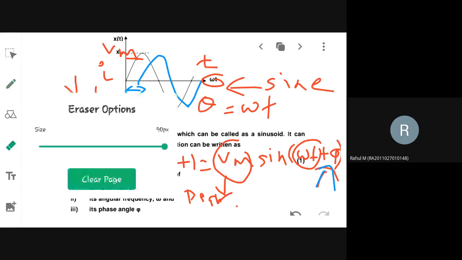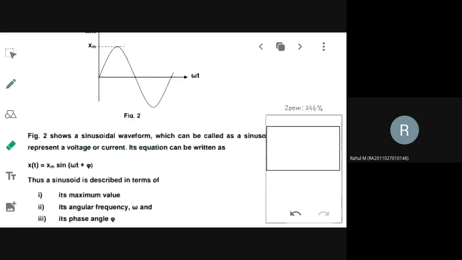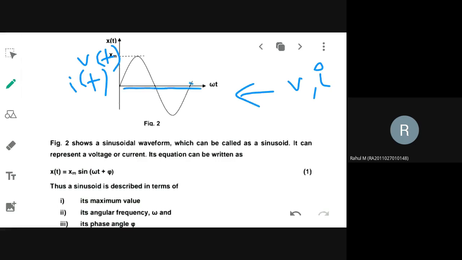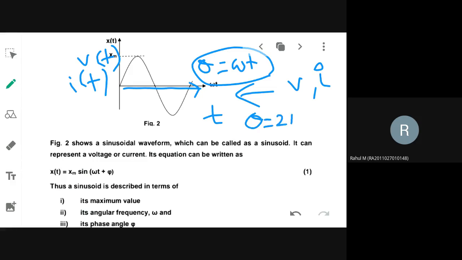Again I am telling you, this is your sinusoidal quantity. It can be a voltage parameter or a current parameter along the y-axis. If you consider the t-axis, this is generally written as t, but here they will write it in general as theta equal to omega t, where theta is equal to 2 pi f t.